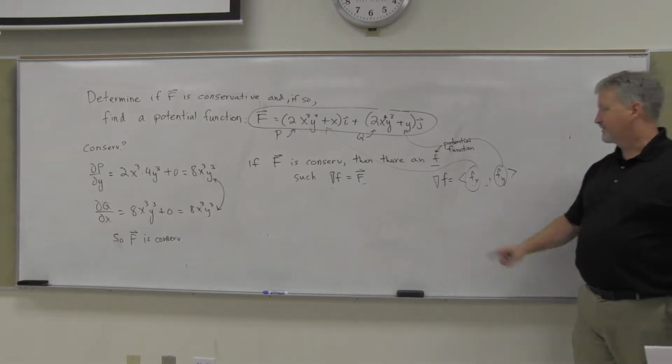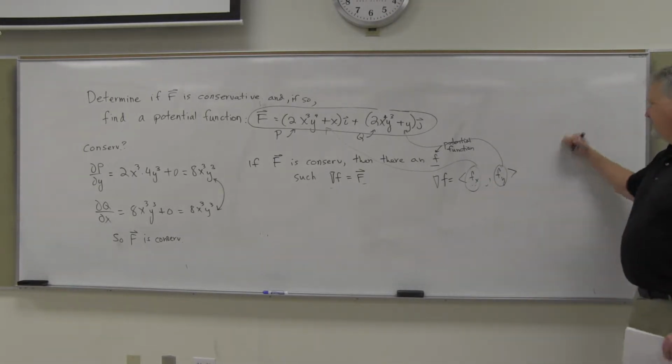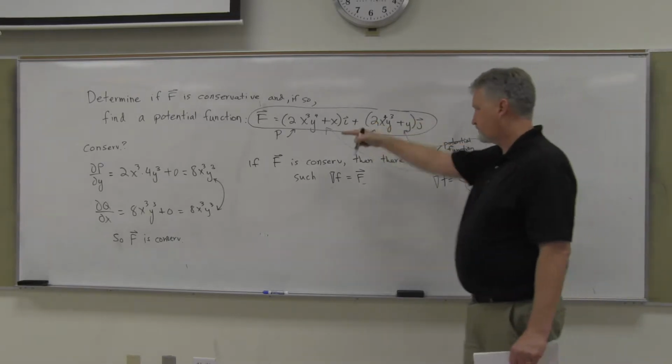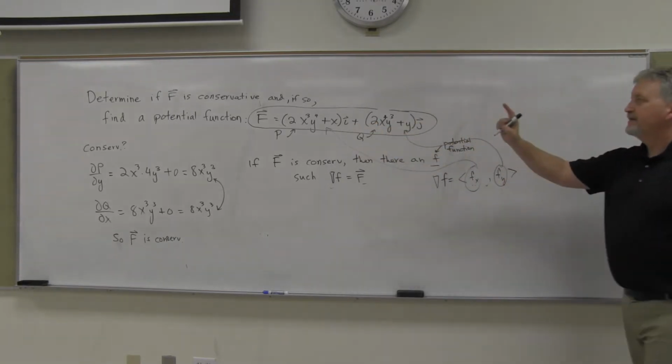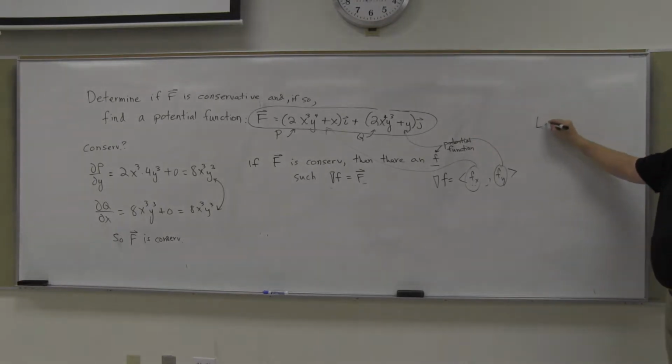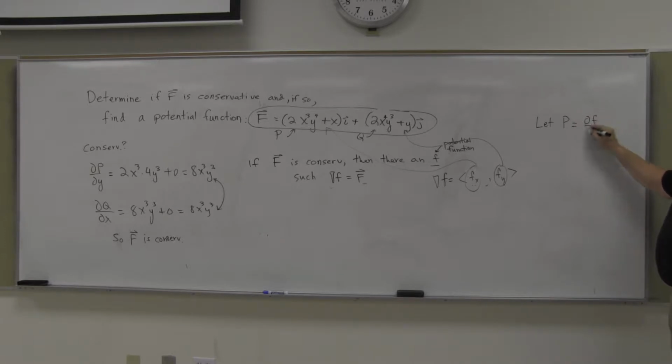So here's what we're going to do. We're going to set the partial of f with respect to x, and usually you can write it that way, but so to find this potential function, let P equal the partial of f with respect to x, and Q the partial of f with respect to y.